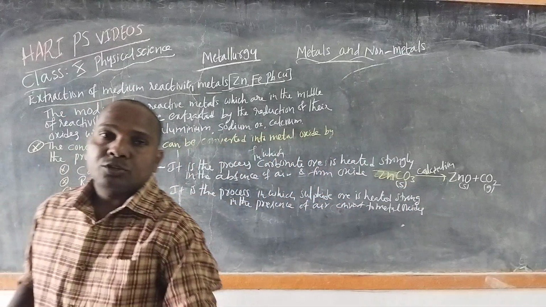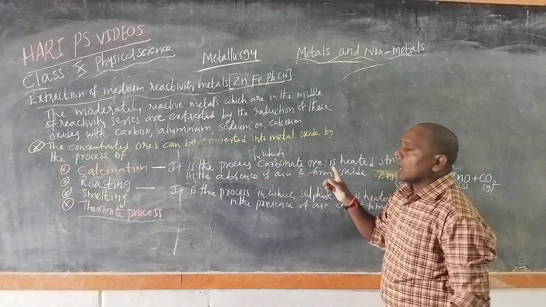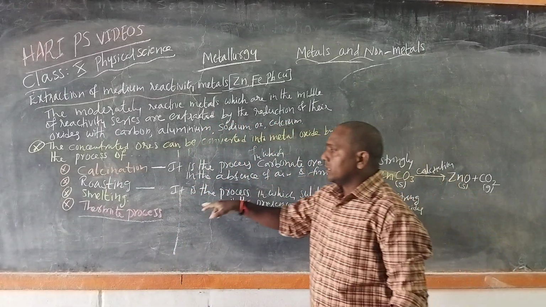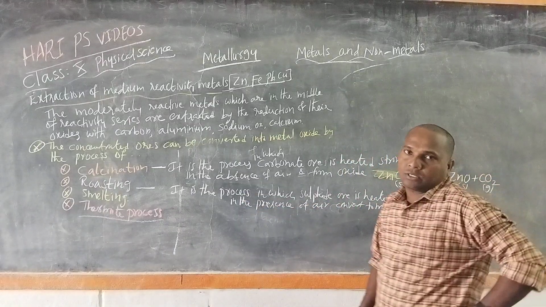So calcination is involved for the carbonate ores. Roasting is involved for the sulfide ores.